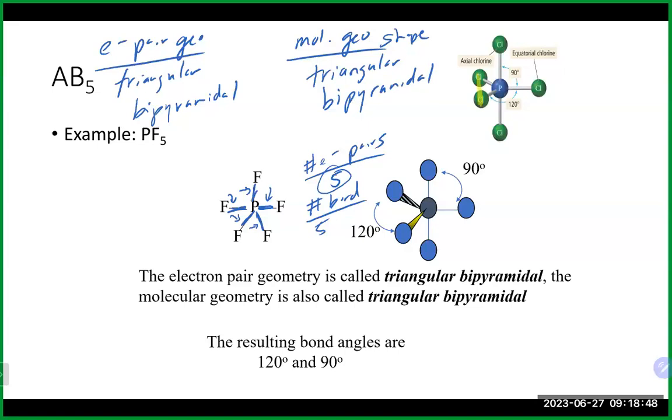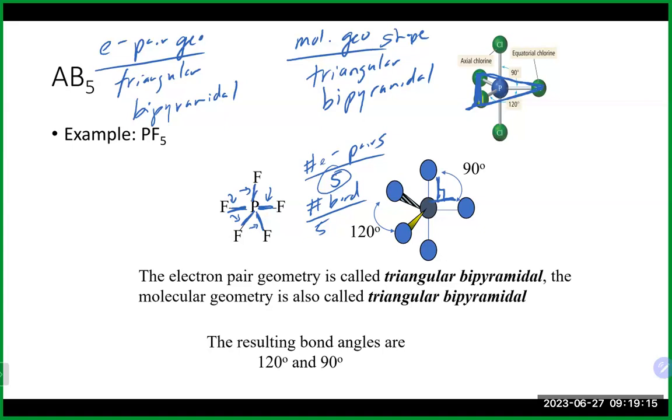It has 120 degrees and also a 90 degree, as you can see the right angle there. And here, maybe you can see it, it actually makes that trigonal planar triangle through those guys there, just like we see with straight trigonal planar. So it has the 120 and 90 degree bond angle.